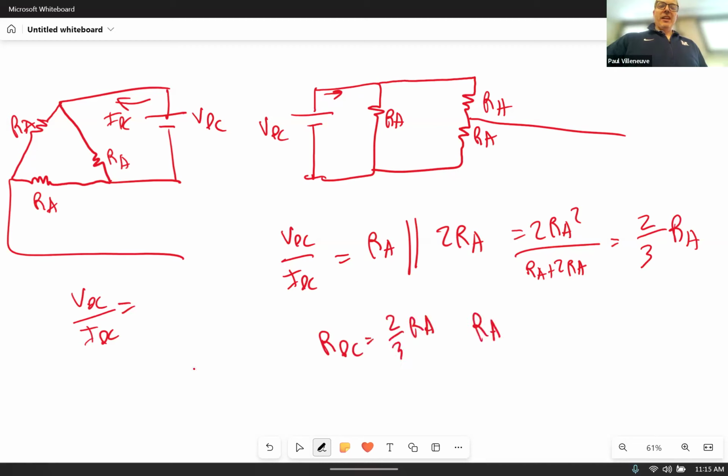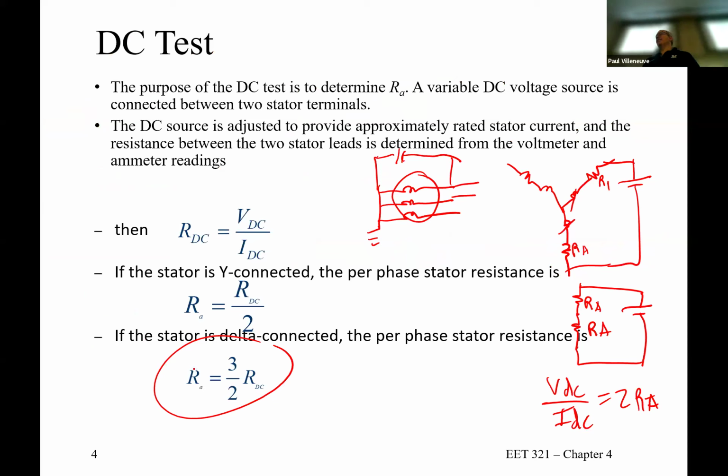So that means RA is equal to 3/2 RDC. I don't really care what RDC is. I really care what RA is. So if you have a delta or Y circuit, you have to configure how to calculate what your RA is. Okay, that's the RA.